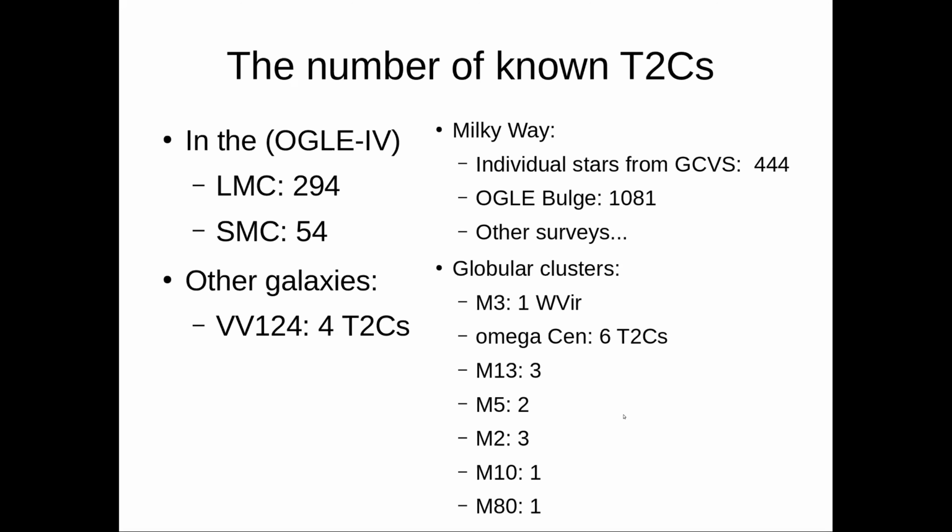As you have seen, their pulsation period can be quite long, so you have to observe the same object for a very, very long time. And there are other galaxies that have type 2 Cepheids, which means that in the future, we can actually calibrate the distance ladder with them, I hope.